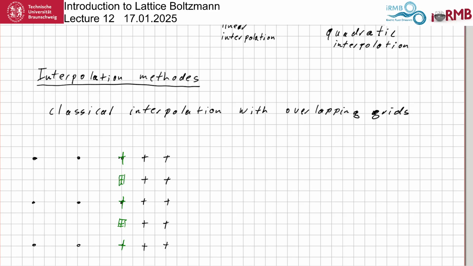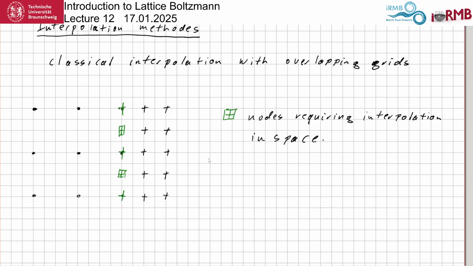These nodes here are nodes requiring interpolation in space. That is where the grids do not match. This is what we call a hanging node.